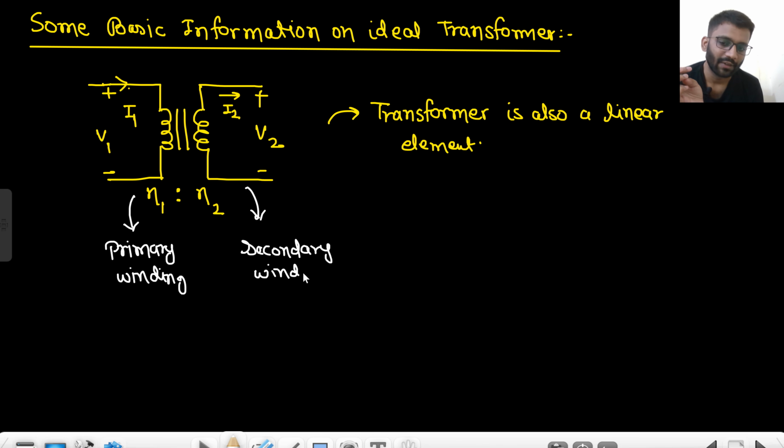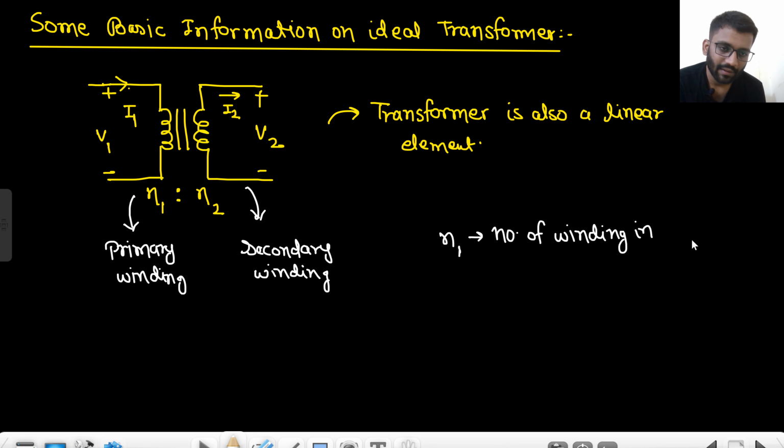In two-port network as well, we will see the concept of transformer yet again. But here I am also giving the concept. Now, what is N1? N1 is the number of windings in the primary coil, I can say. And what is N2?